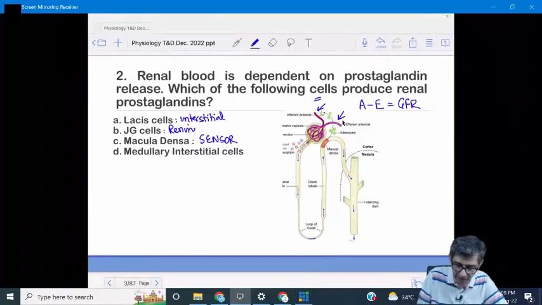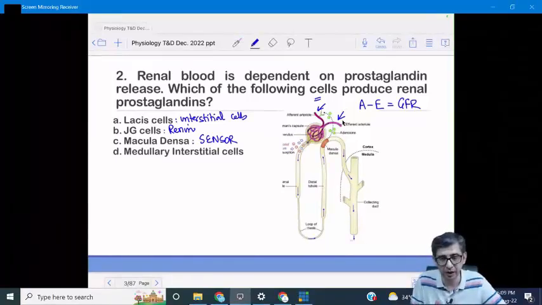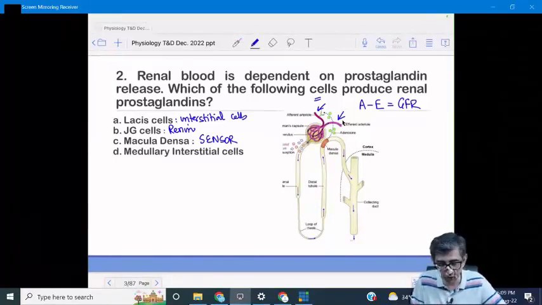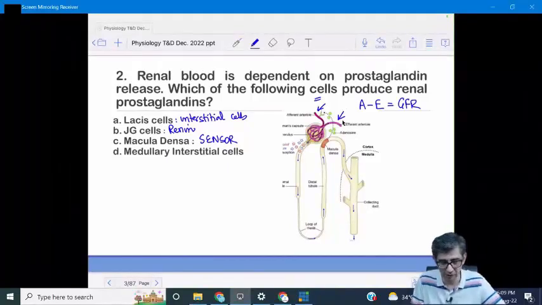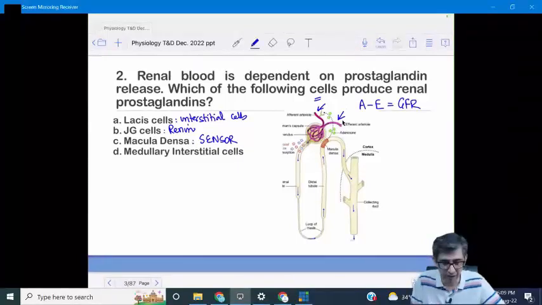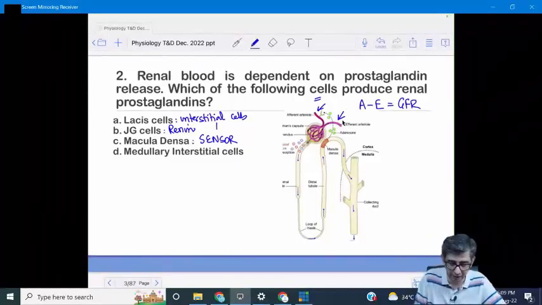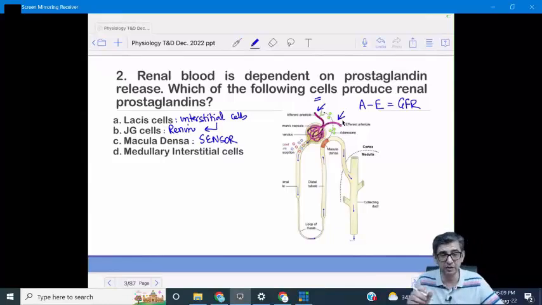These interstitial cells are located adjacent to the JG cells only. These are supporting cells of this area where you have macula densa and the JG cells present. They are providing structural support to this area.